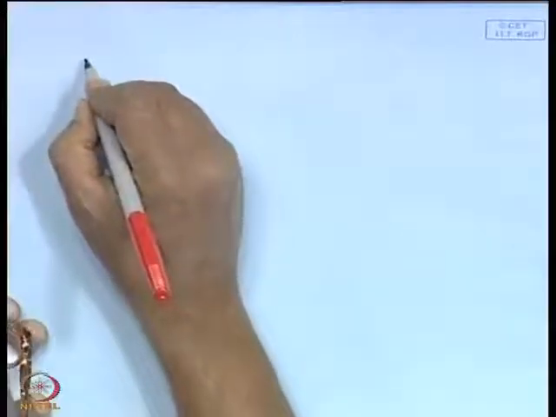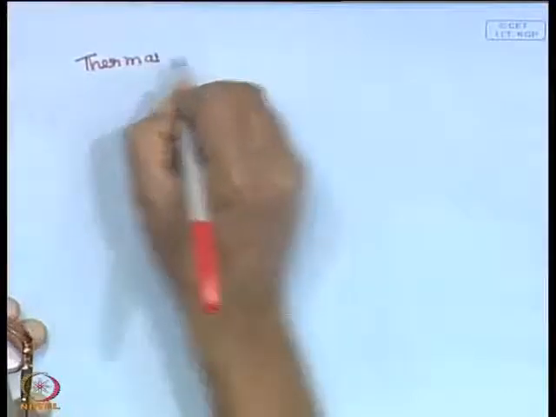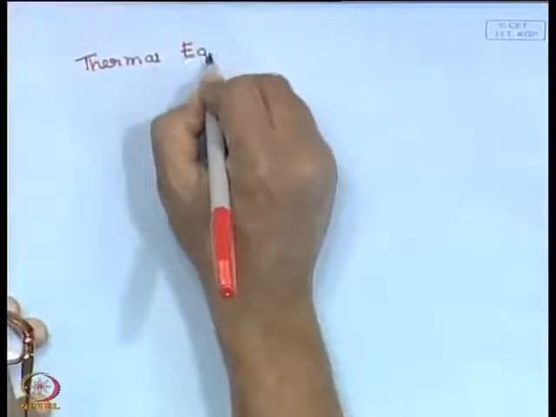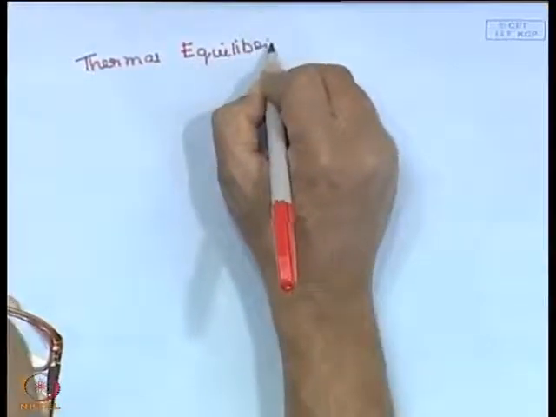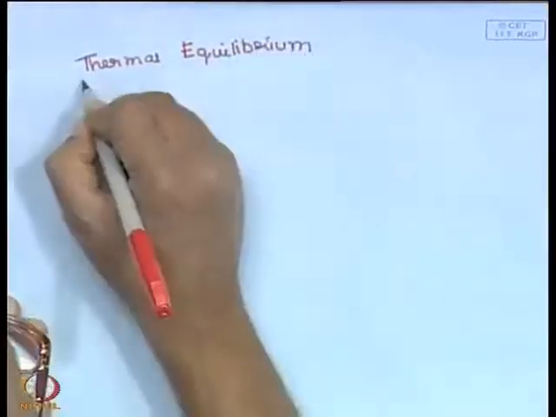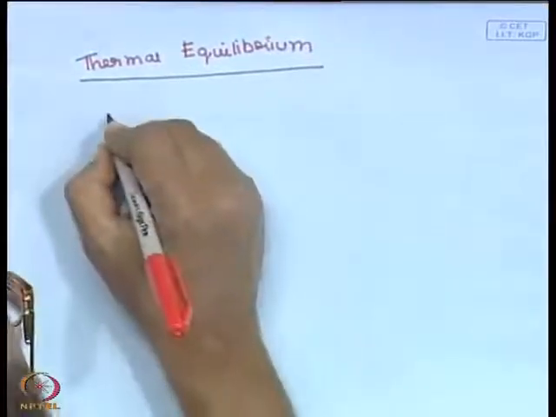So, the occupation number n, if the photons are in thermal equilibrium, that is what we are assuming. If they are not in thermal equilibrium, the occupation number could be anything. But if they are in thermal equilibrium, then the occupation number is given by the Bose statistics.